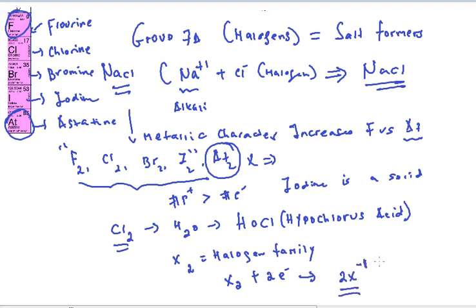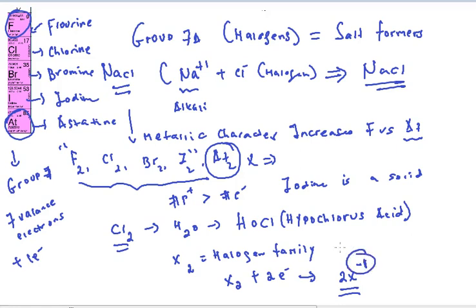Remember, a -1 charge means that they are in group 7. Let me write this down. Group 7. What does that mean? Group 7 means they have 7 valence electrons. So to be stable, they need 1 electron, so they have to gain 1 electron.